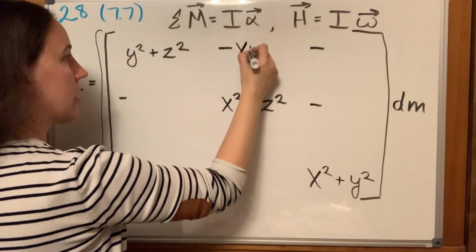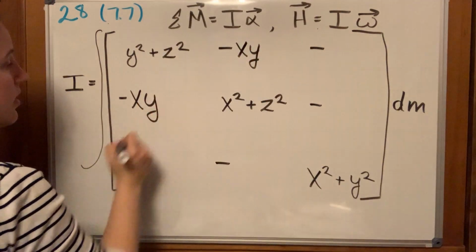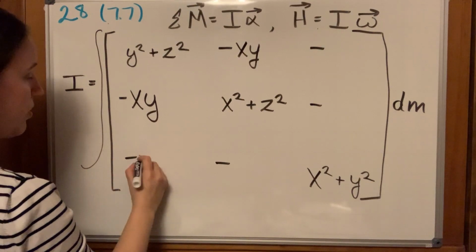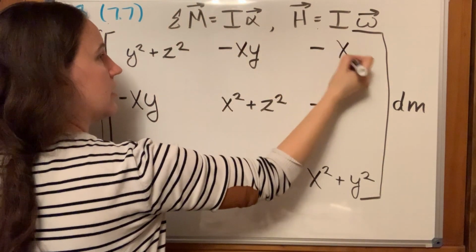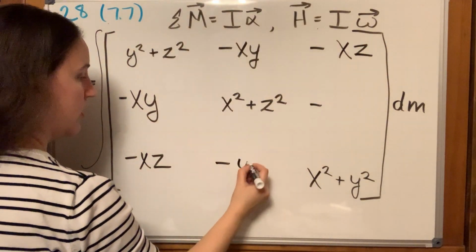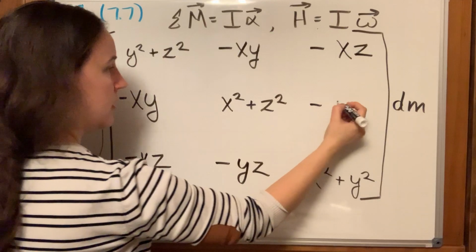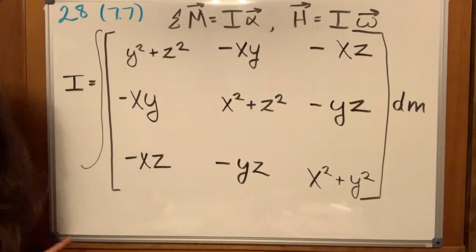So this is going to be x, y. And this is the same. This is going to be x, y. And then here we have x, z. And similarly, here we have x, z. And then here we have y, z. And here we have y, z.